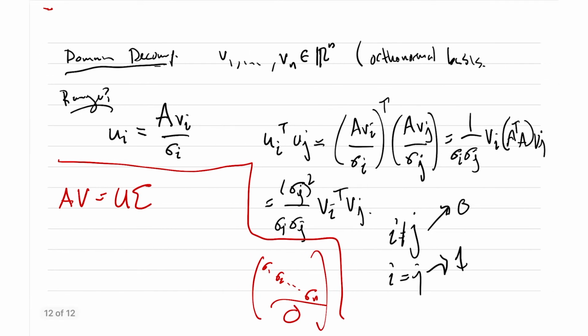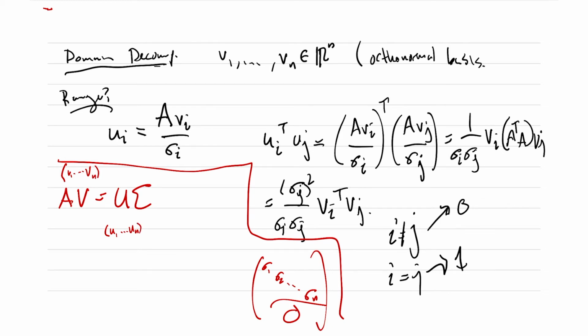It's diagonal on the upper piece, and then there's a 0 chunk on the bottom, which has no content. This V is going to be the matrix composed of v1 all the way down to vn, and this U is going to be the matrix u1 up to un, where they're all defined by this.